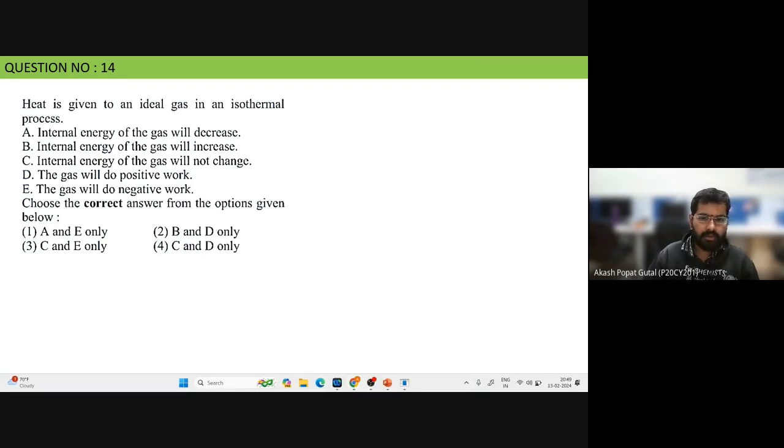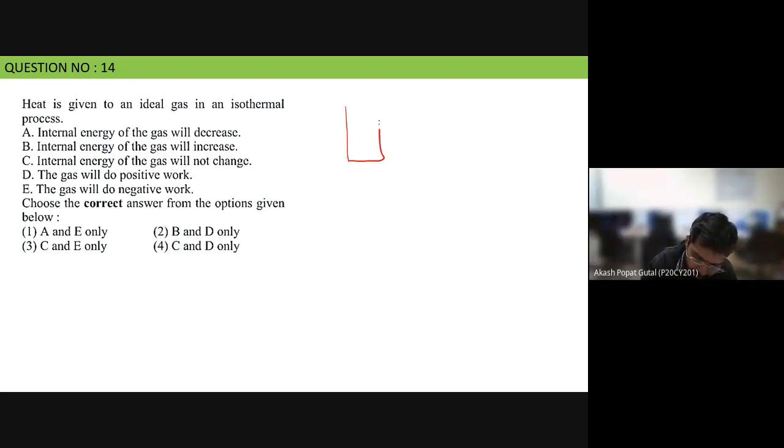So B and D. Why do you think it's that? So heat is given to an ideal gas in an isothermal process. So the process is isothermal. Heat is given.